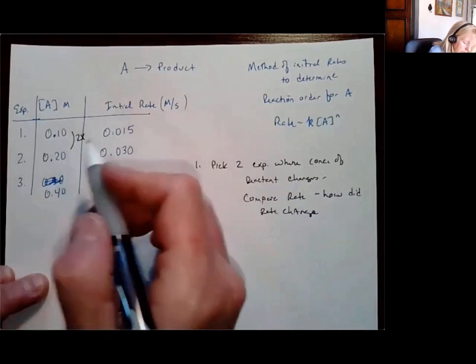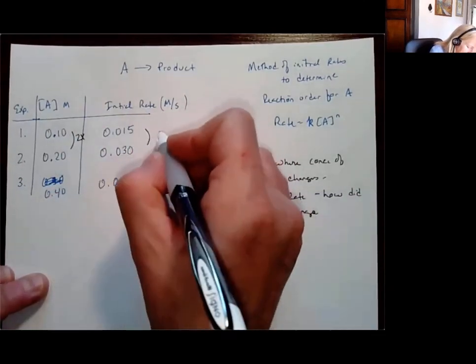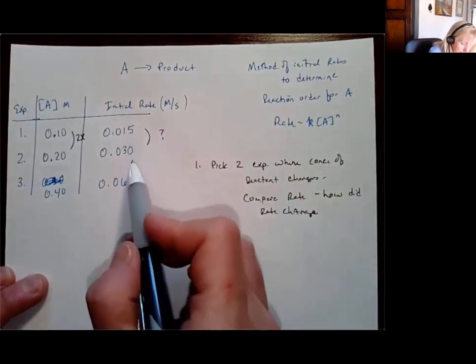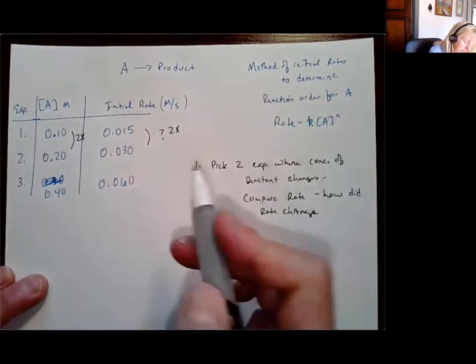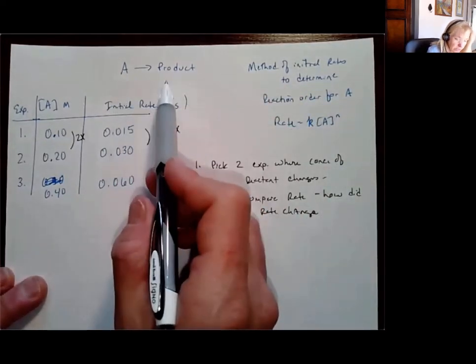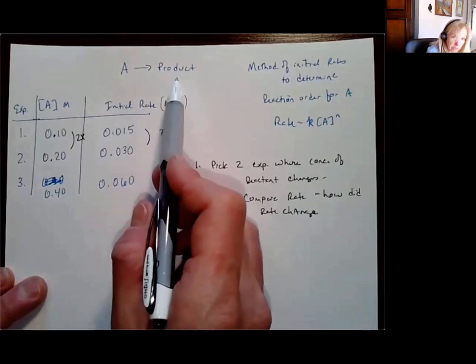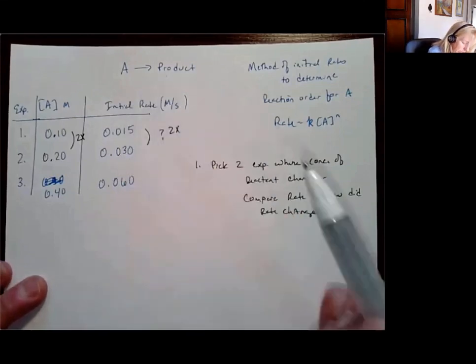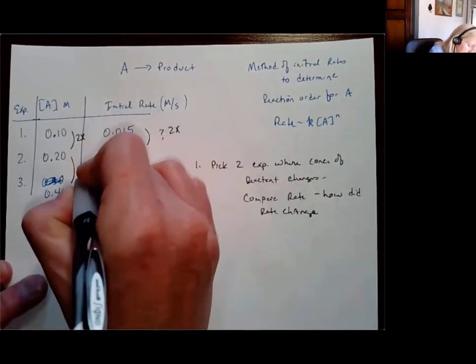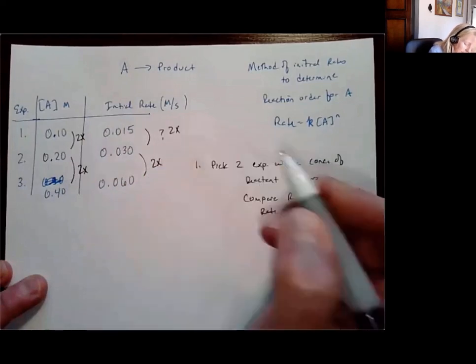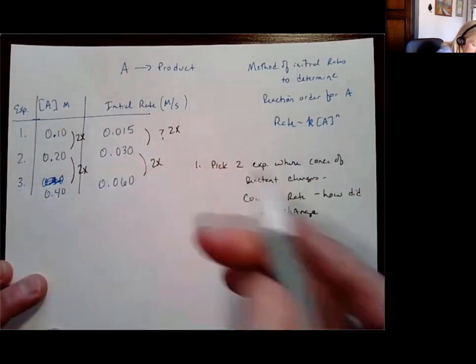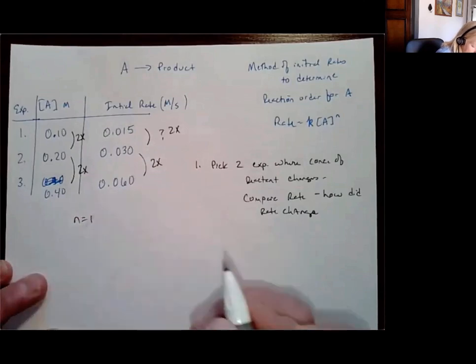So I doubled. I might look at my rate here and say, did the rate double? The rate also doubled. So that means that this is going to have a direct effect. So as I double this, I'm going to double the rate of this reaction. If I look at this, I double this, I double this. So this is 2 points that tell me the same thing, that n is 1.